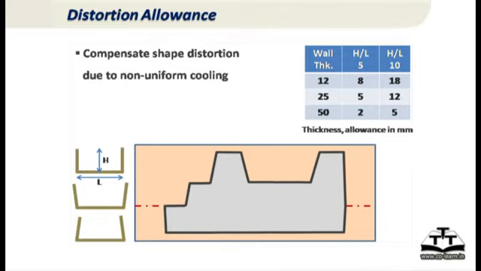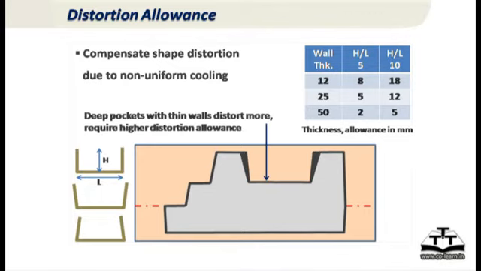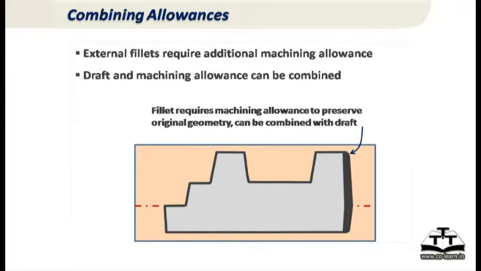So all these allowances you apply, and you keep changing your part design to finally get the mold design, okay, and you can combine these allowances in intelligent ways. Supposing you have draft allowance on the side, and you also need to machine that side for some reason. You don't have to apply draft and machining both. You can do a little bit of compensation or optimization and apply a little less machining allowance because draft is anyway there.